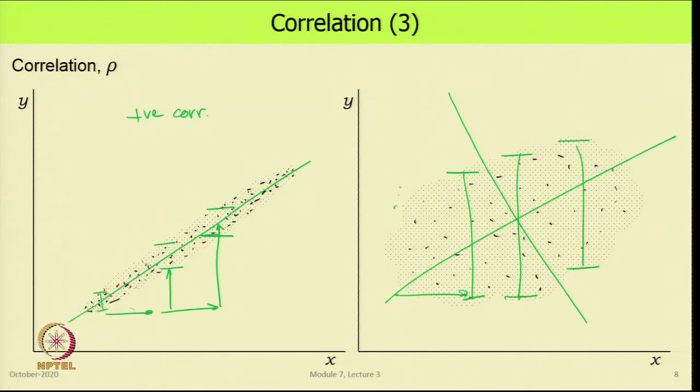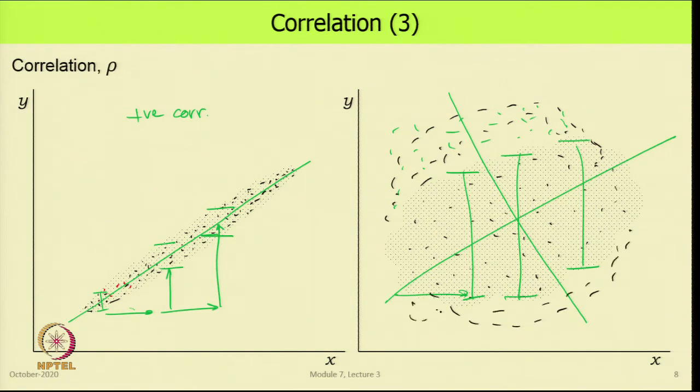An extreme case would be that all these points just fill up the whole chart. So, in addition to all these points that have been put up here, these points are also there. We are looking at something like a big blob of data points spread all over the place. Now we ask what is the correlation between the two, and if you were to calculate that, it will be very, very low.